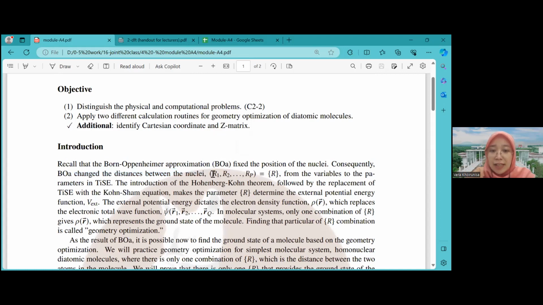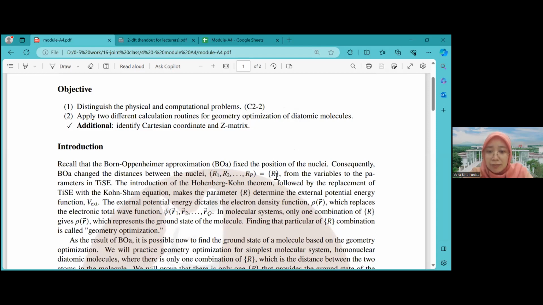From the variables, we can see that the variables can be R1, R2 until Rp, where the index p is the number of nuclei, to parameters. So we only have parameters. We no longer have the variables R1, R2, and so on.